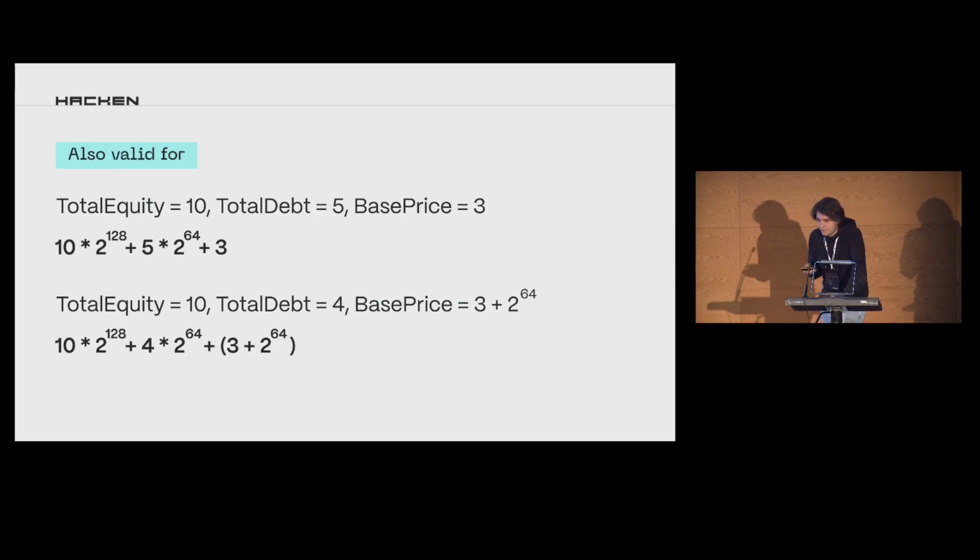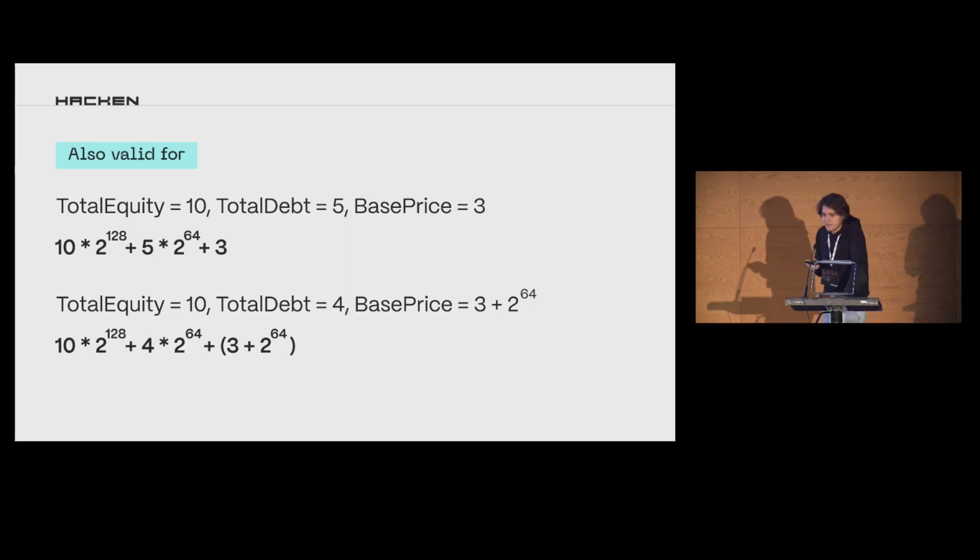But the problem is that you can abuse the system, because there was no validation for the base price. If you use a huge base price higher than 2 to the power 64, it will start to overflow into other values, actually modifying them. It could modify the debt and the equity.